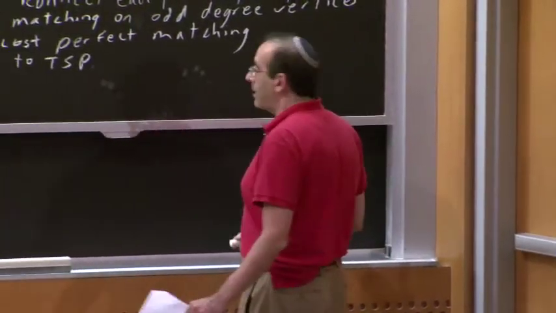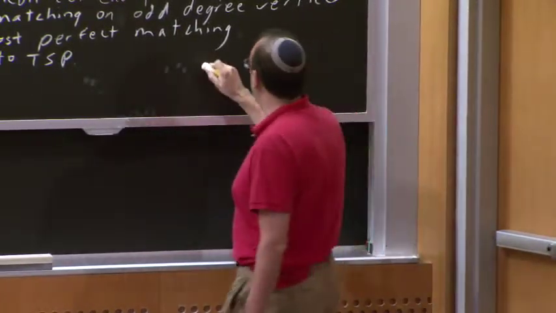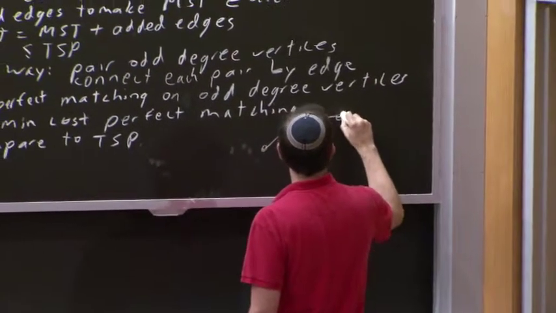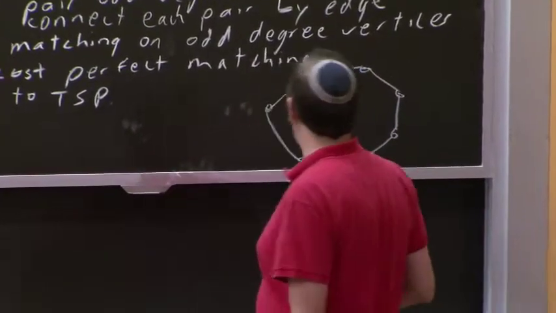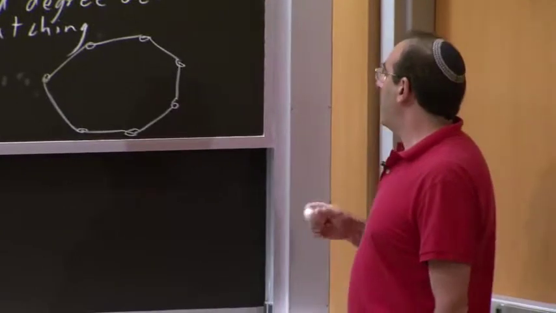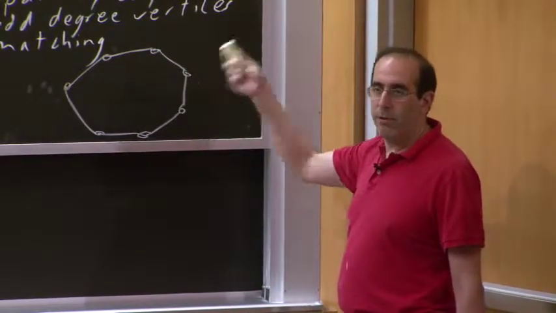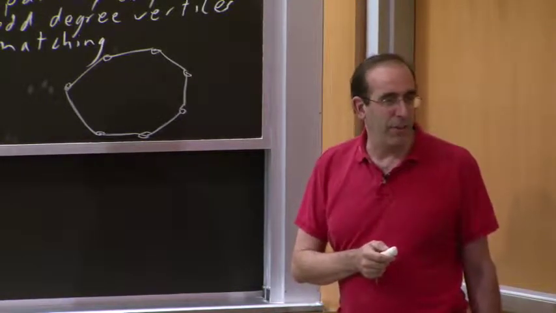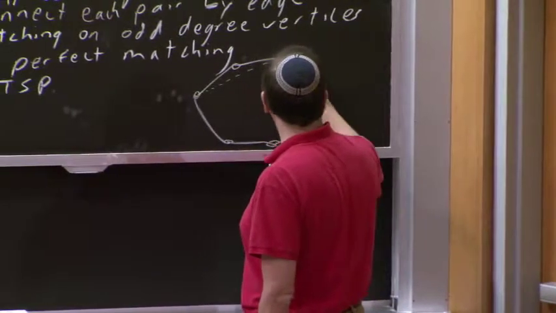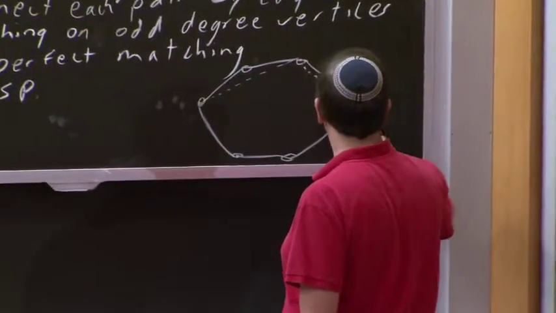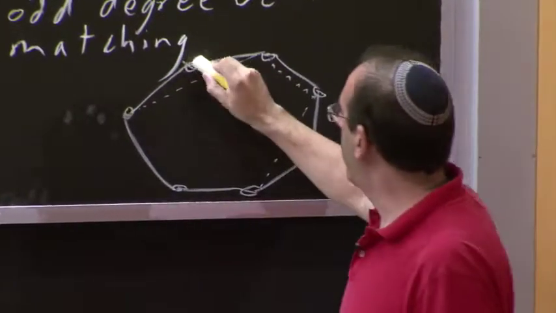Well, the obvious place to start is by looking at the TSP optimum. So here's my TSP tour. This is the optimum tour. It involves all of the vertices of the graph. But for starters, I'm going to shortcut out all of the even vertices so that I'm left only with the odd degree vertices.